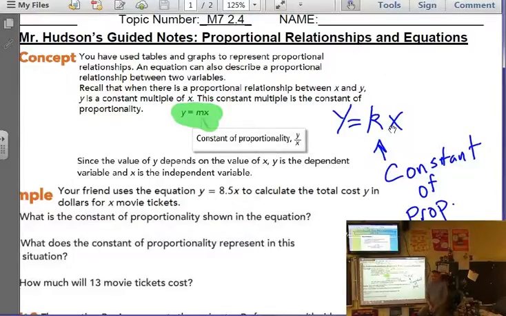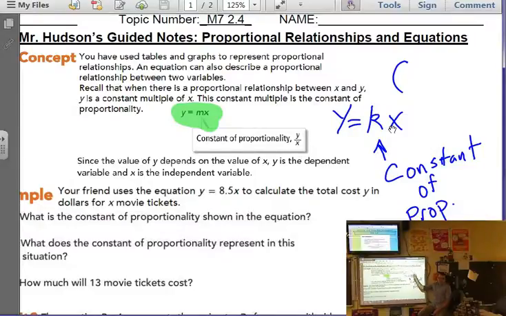Can anyone guess why we wouldn't use C in a mathematical statement? Colin? It looks like you're multiplying, but you're like, oh my gosh. It looks like a parentheses. No, it's fine.